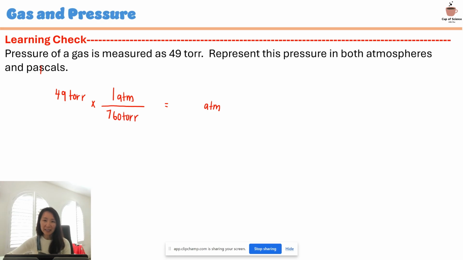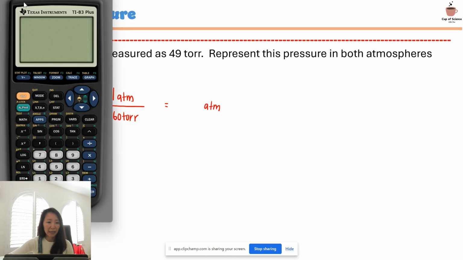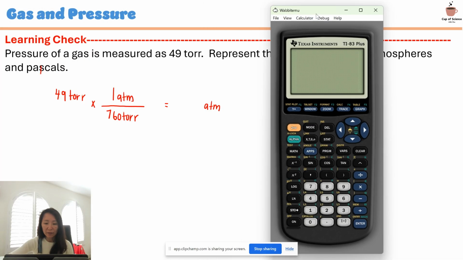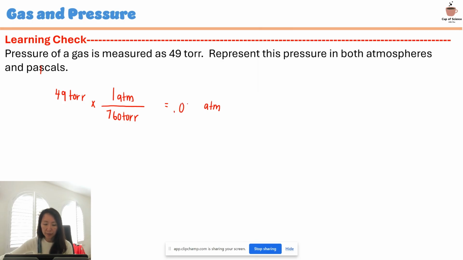So you're going to calculate this out. This is my calculator. And so 49 times 1, and then divide that by 760. And I get 0.064 ATM.